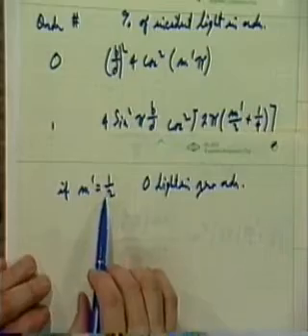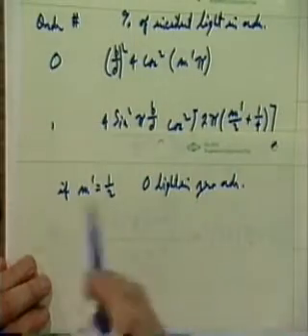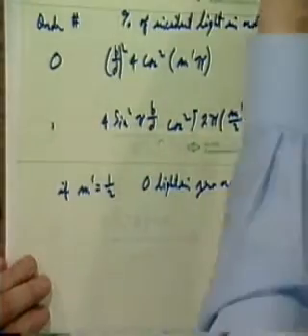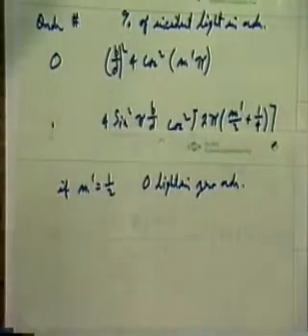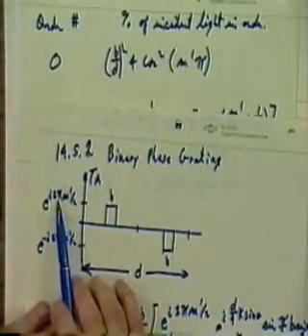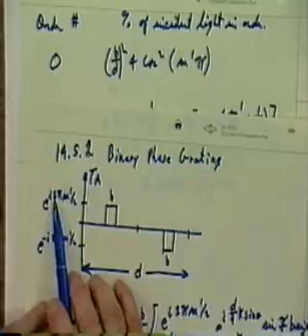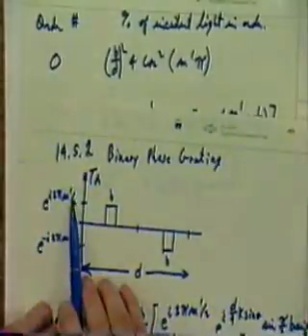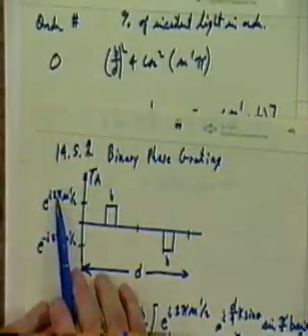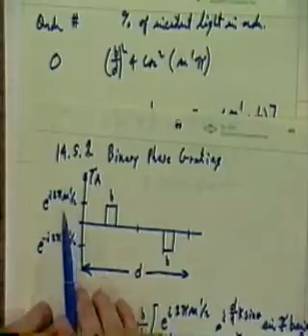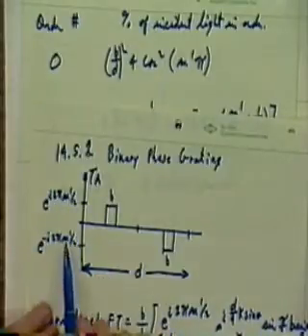And if m prime is equal to 1/2, that means that, going back here, one of these is e to the i 2 pi over 4, or e to the i pi over 2. This one is e to the minus i pi over 2.